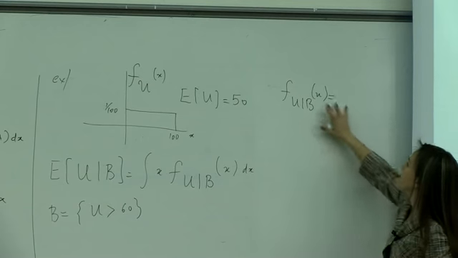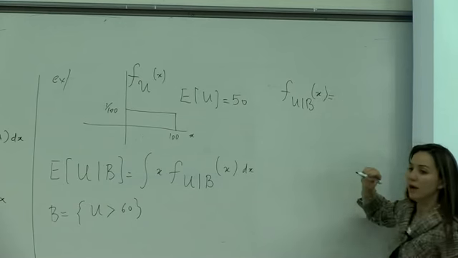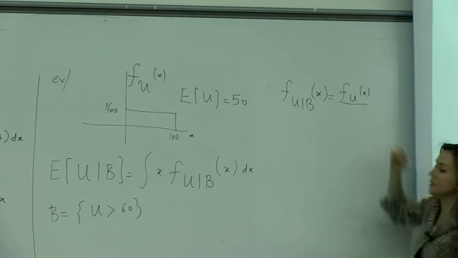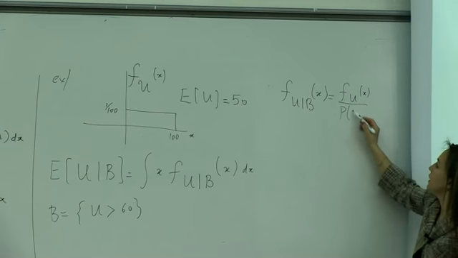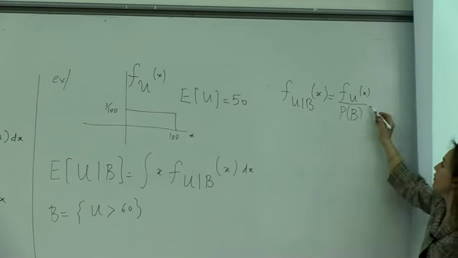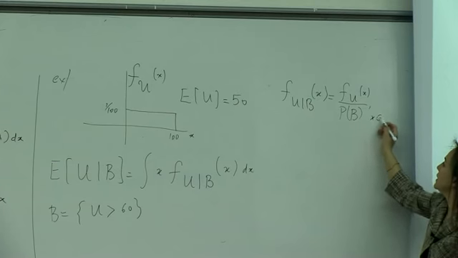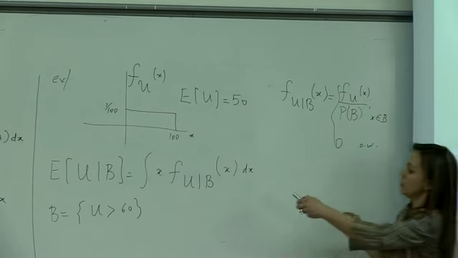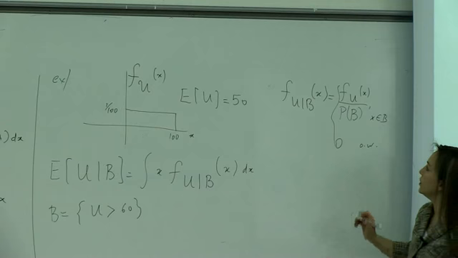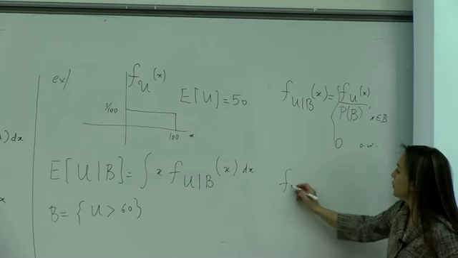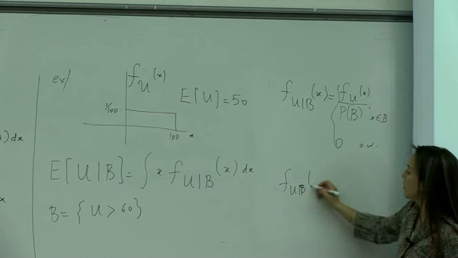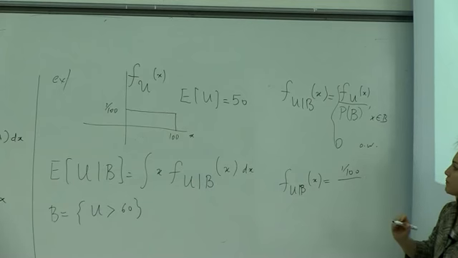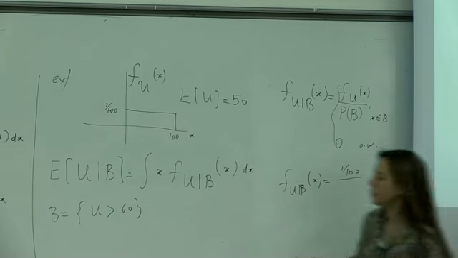How do we do this? If you want, let's use x again. Well, that is simply f_U(x) normalized by the probability of the event B, provided x is in B, and 0 otherwise. So for our example, this translates into simply f_{U|B}(x) equal to 1 over 100 divided by the probability of B. What is the probability of B?